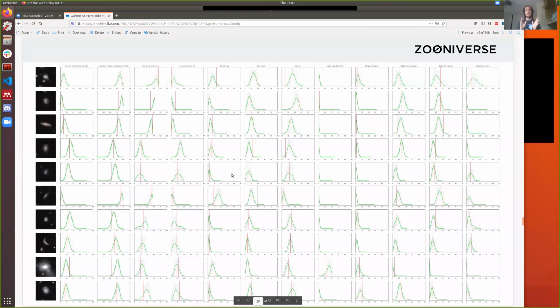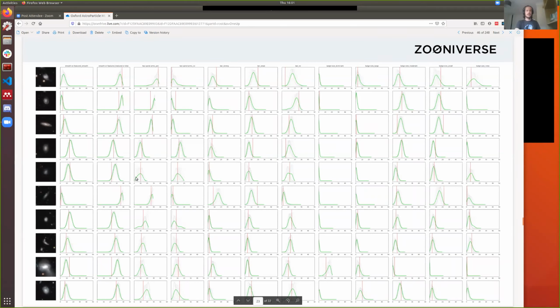So here's the latest version of the plot I showed you before, where we show our posteriors. Again, we have galaxies in the rows, but every column is a particular answer in the Galaxy Zoo decision tree. It's obviously too small to really see, but this is like smooth, featured, spiral arms yes, spiral arms no, etc. And again, we have our dropout, our single forward passes, in gray.